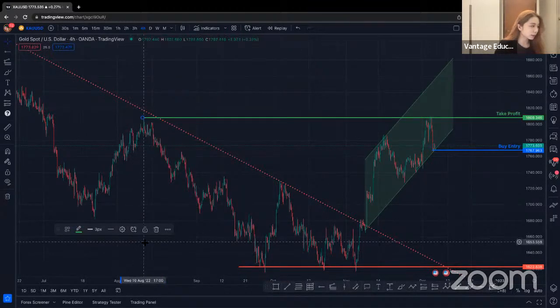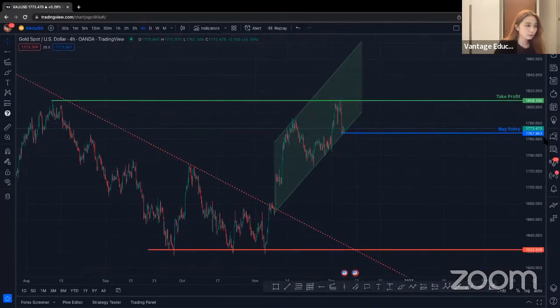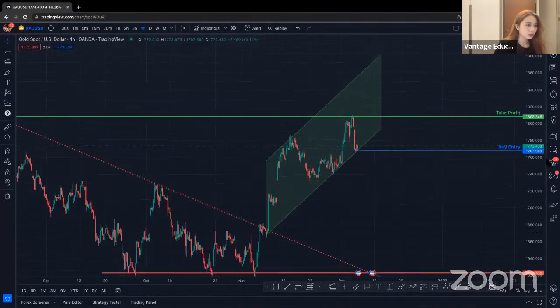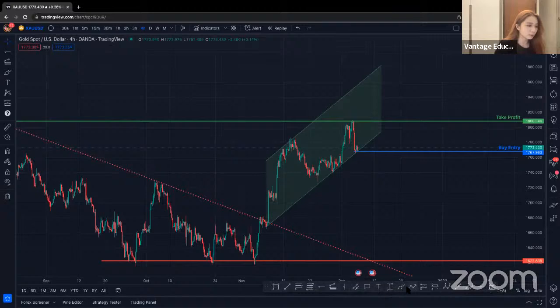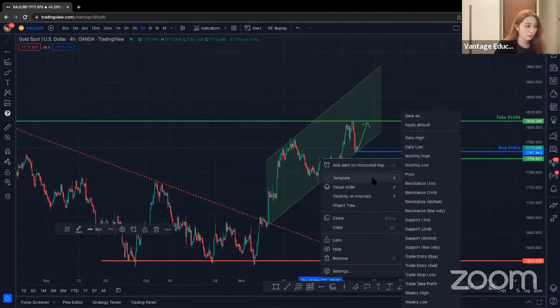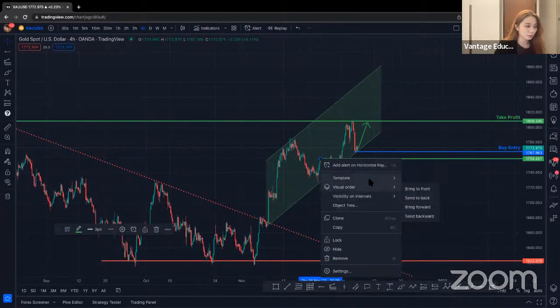This was back in August. Just a small one as well. And then let's put in a very close stop loss, just right below our channel.